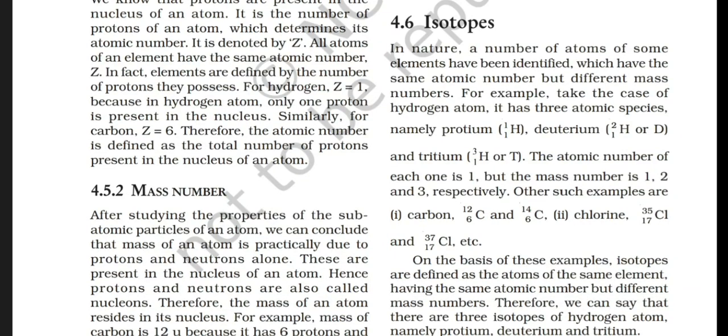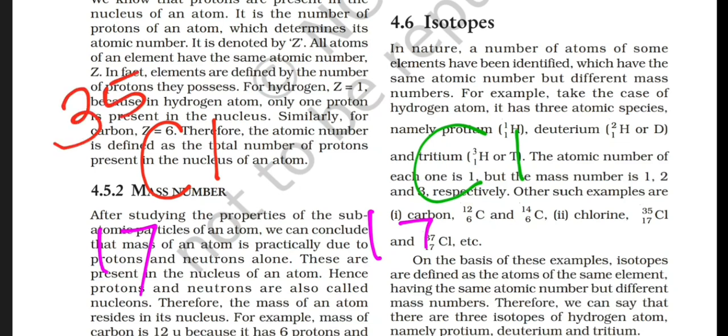Here if you consider chlorine, Cl, okay, it is the chlorine. The atomic number of chlorine is 17, which is the same in these isotopes, and the mass number is different. So in this case the atomic mass of chlorine is 35 in one case and 37.